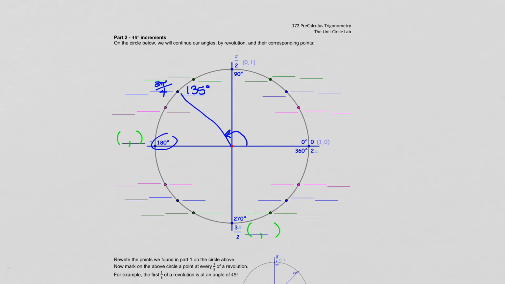So you can see that here, or pi radians. And then another 45, I'm going to take this out, puts us here.